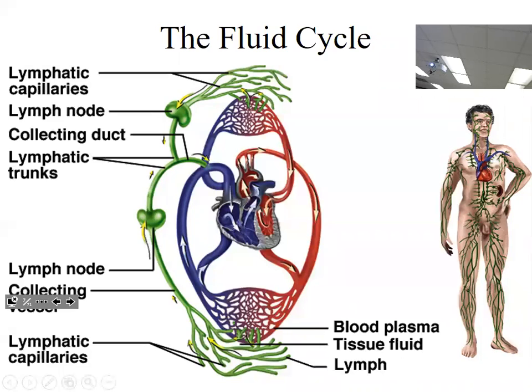I want you to notice that every now and then you'll see these little swollen looking areas. These are nodes, lymph nodes. Even in this illustration, it looks like lymph has to move through this node before it's allowed to continue on. Is that right? And so the function of a lymph node is the place where lymph gets filtered.